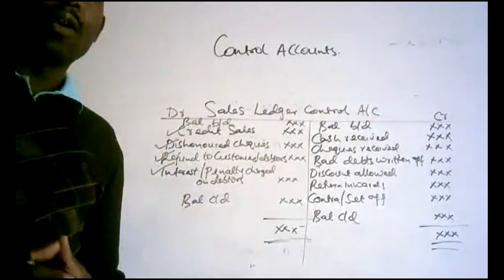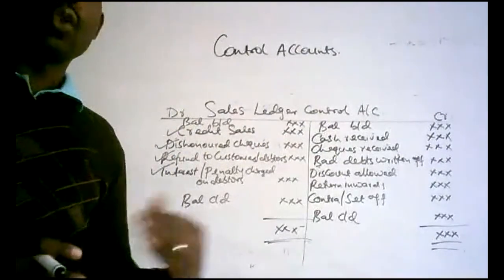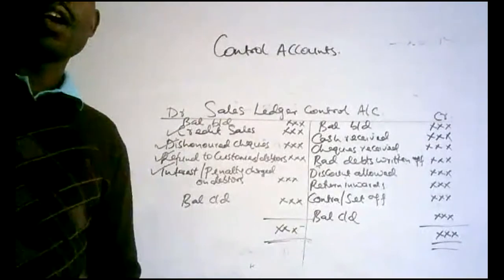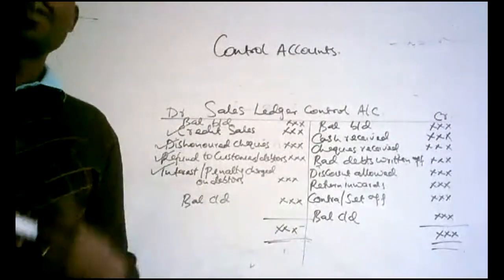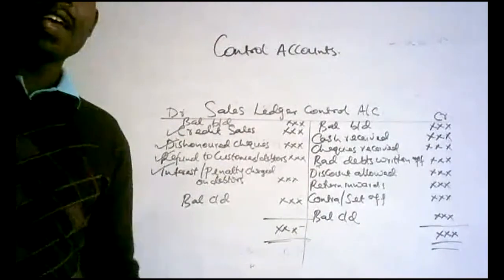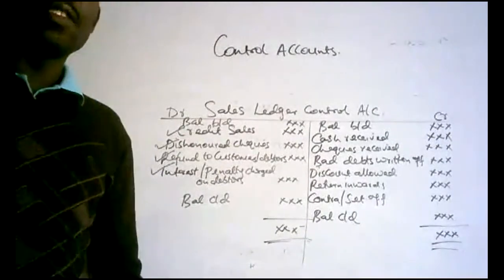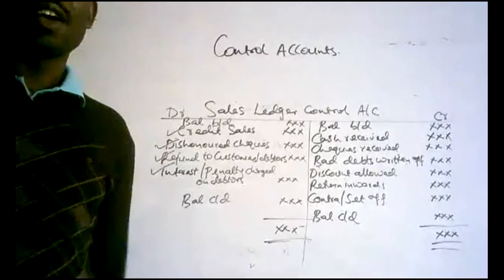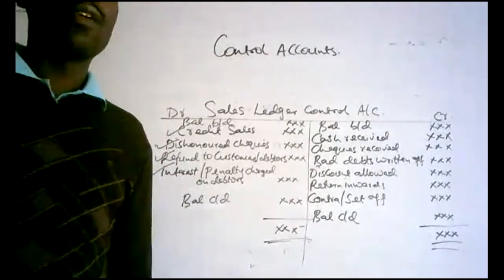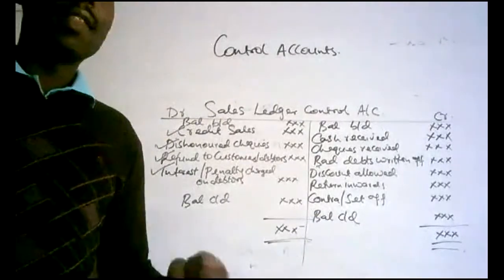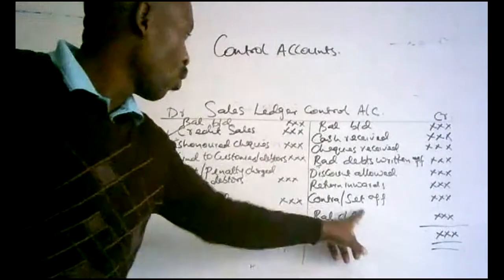What if I sold goods to A worth 1,000, and A also sold goods to me worth 1,000? In such a relationship, it simply means that there is no debt. Nobody owes another one debt, and that is what we call a set-off or a contra.